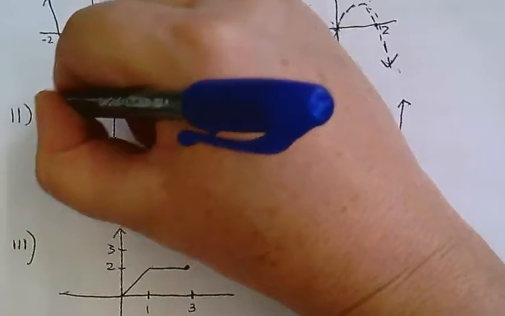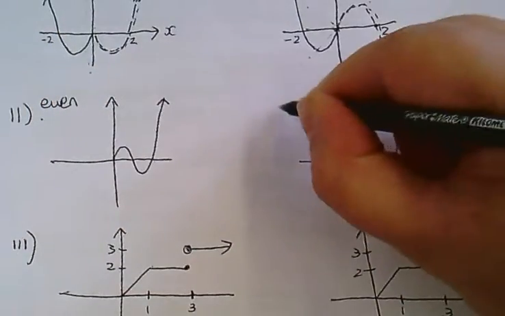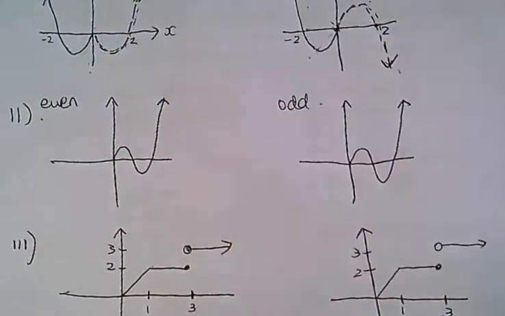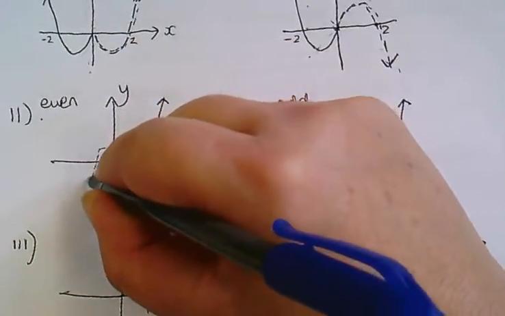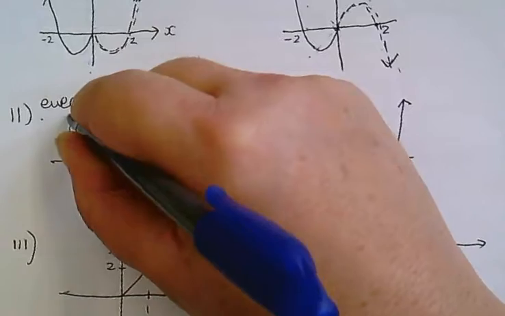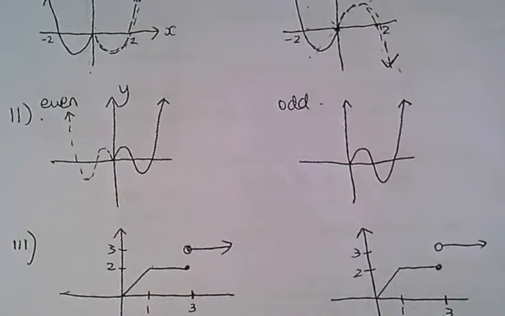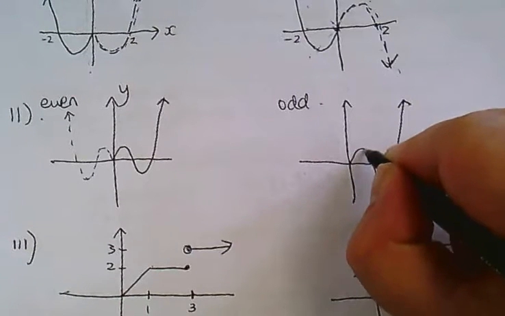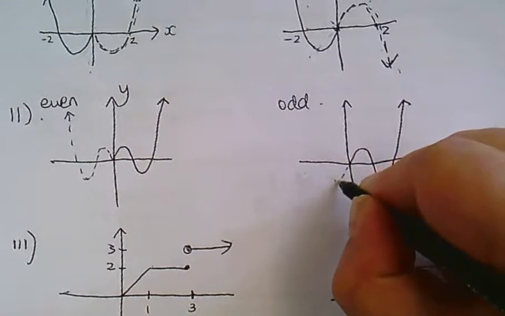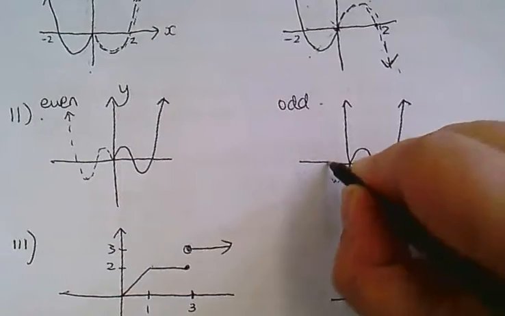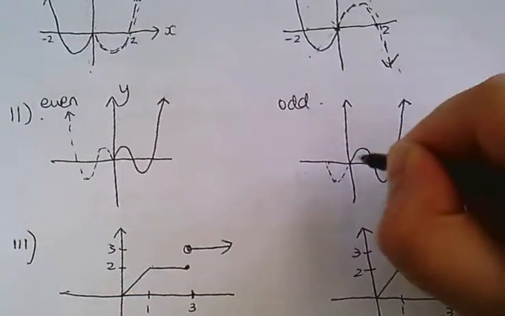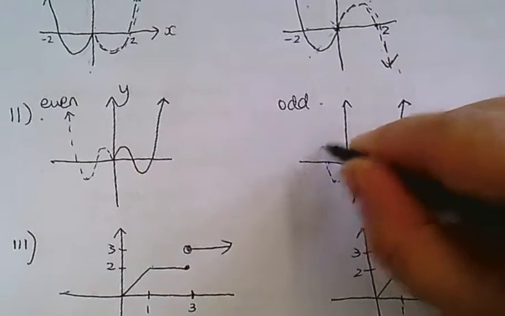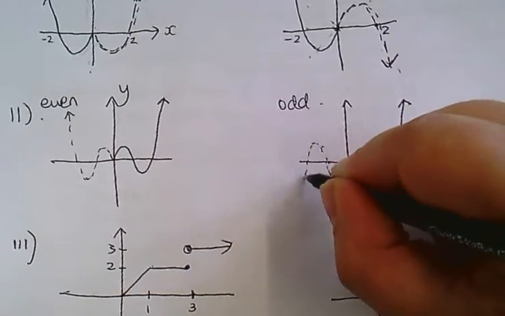If it's an even function, it's symmetrical about the y-axis. So back up, down, and up. And this other one, if it's odd, down here, whatever, up there, up here, and down.